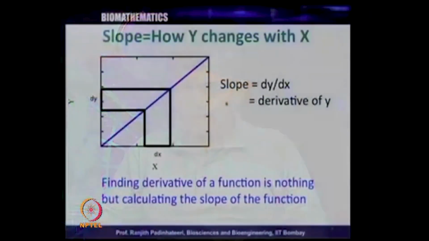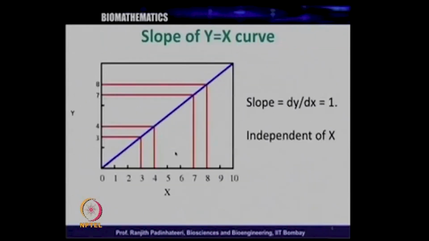Okay, now let us look a little more at what we have. As we see here, dy by dx we can calculate by noting down the dy and the dx. And we saw last time that whether you take dx here or here for a straight line, you always get the same slope.